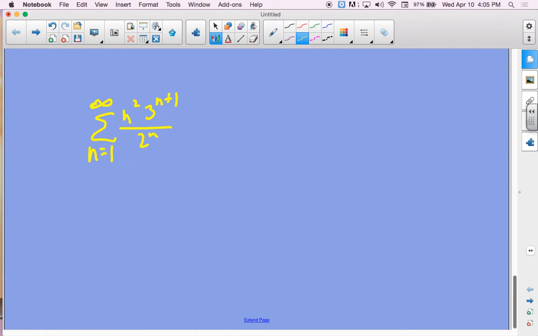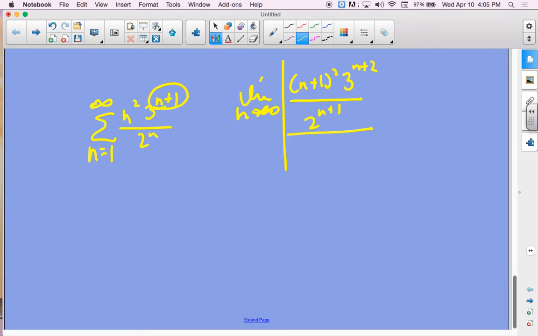So I'm going to take the limit as n approaches infinity of n plus 1 squared 3 to the n plus 1 plus 1 over 2 to the n plus 1, over the term before it, which is n squared 3 to the n plus 1 over 2 to the n. Multiply by the reciprocal. This is called the ratio test.